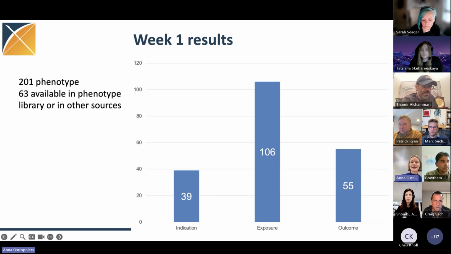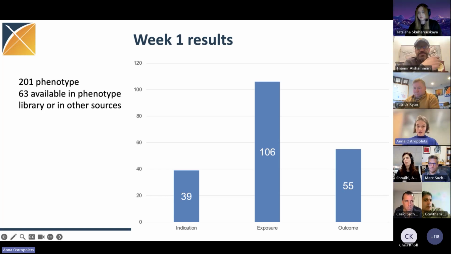What is nice is that there were 63 phenotypes out of those 200 that were available in Phenotype Library or in other sources, Legend Type 2 Diabetes being a good example of the study that we got the phenotypes from. Those 63 phenotypes will be reused either as is or modified based on the clinical descriptions and study lead preferences.